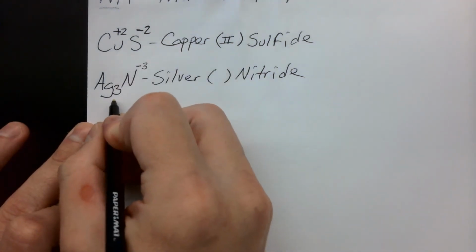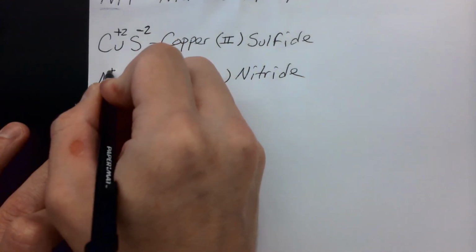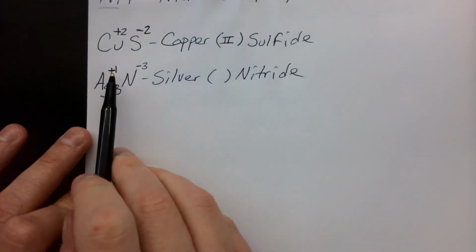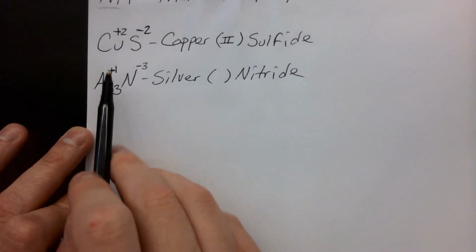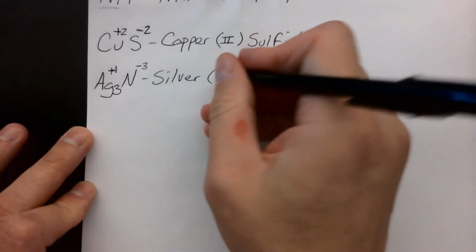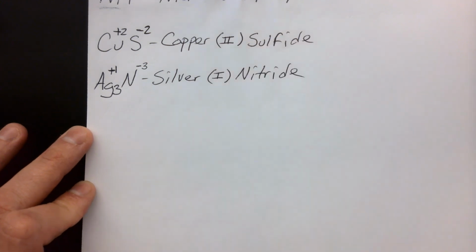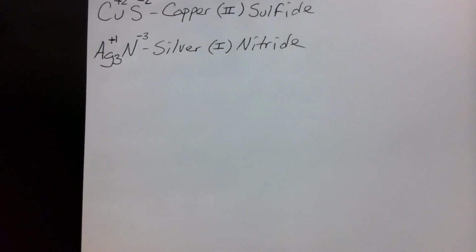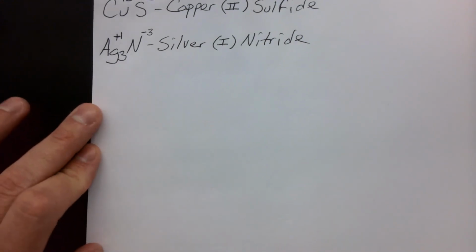And since there's 3 of them, that means that each individual must be a 1. So 3 +1s will cancel out 1 -3. So this is silver 1 nitride. All right, we'll do one more.